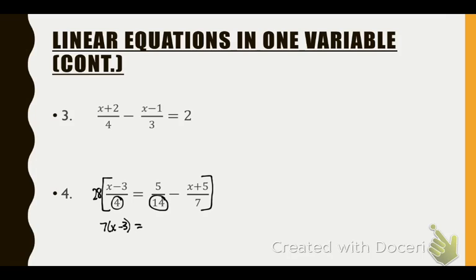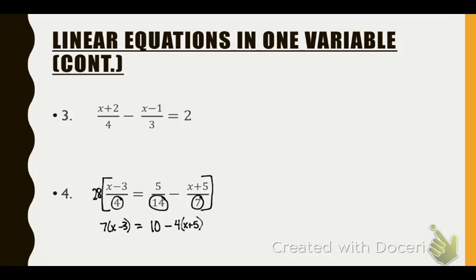It's 2. 2 times 5 is 10 minus 28 divided by 7, 4. So 4, or negative 4, however you want to look at it, times x plus 5.